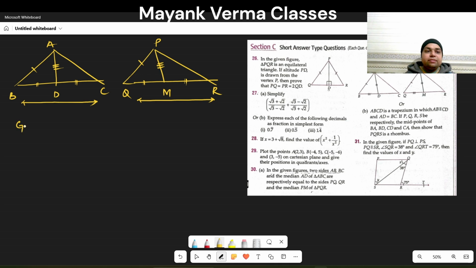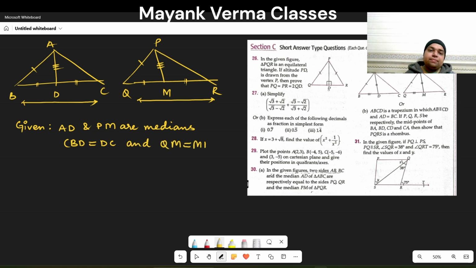So what is given? We can say AD and PM are medians, or you can also write it down as BD is equals to DC and QM is equals to MR.